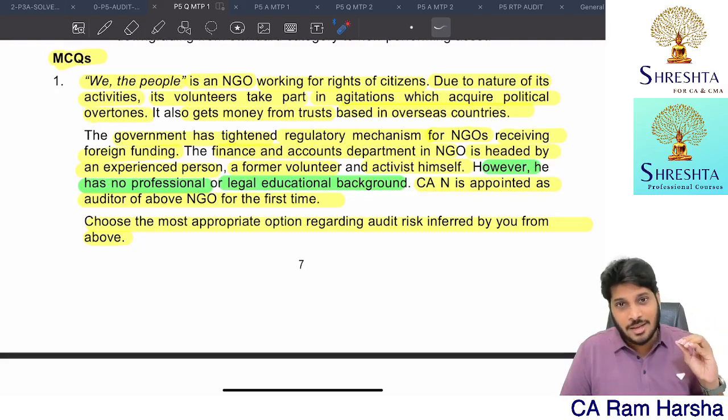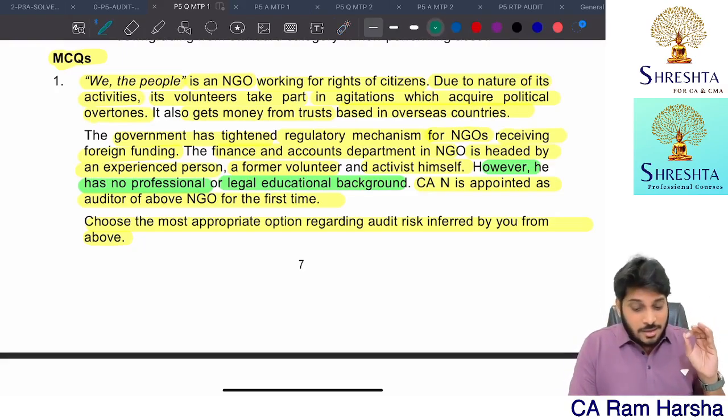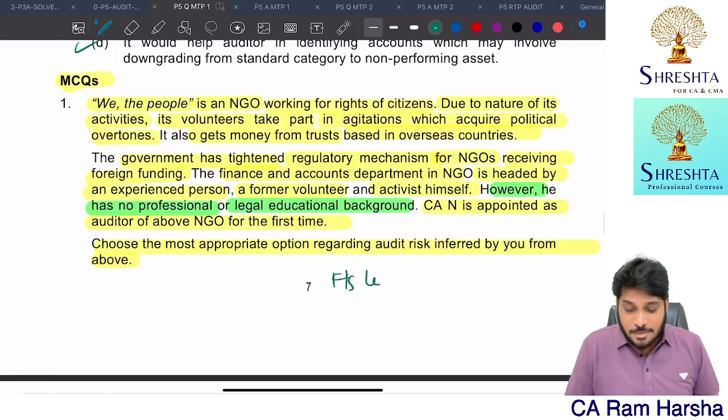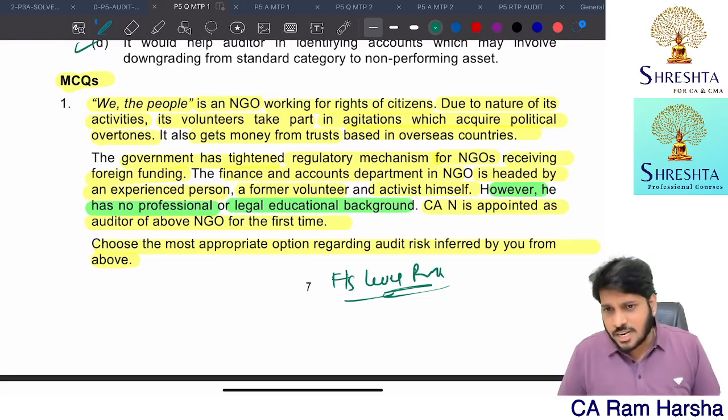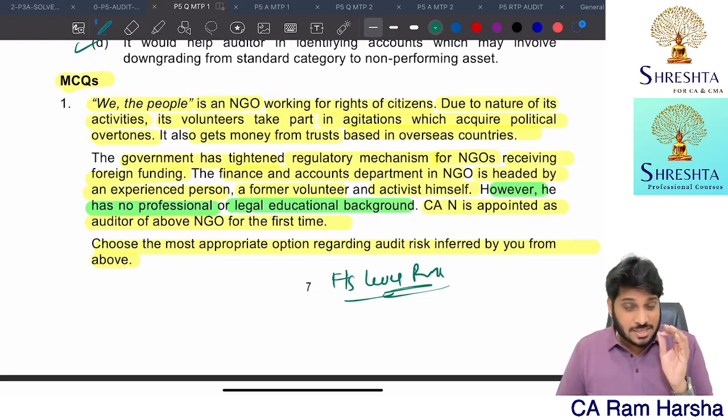How come you handle it? Now remember, we have seen financial statement level risk. If you recollect, we understood this in the risk assessment chapter. Risk is assessed at two levels: financial statement level and assertion level.